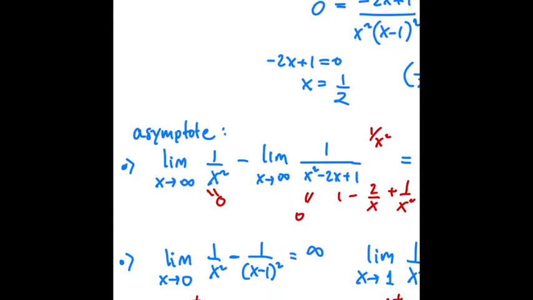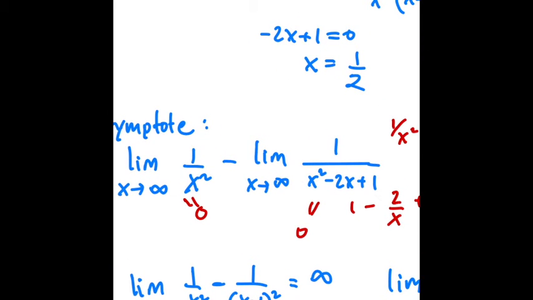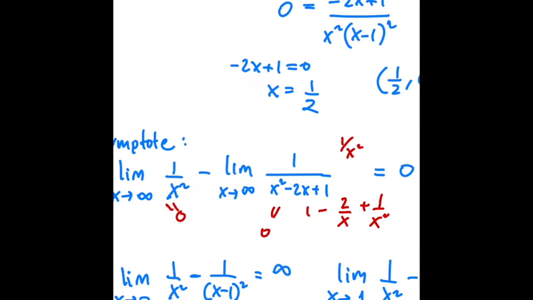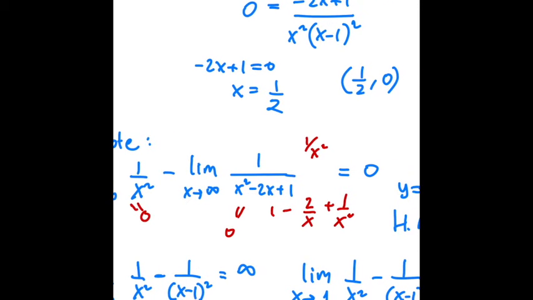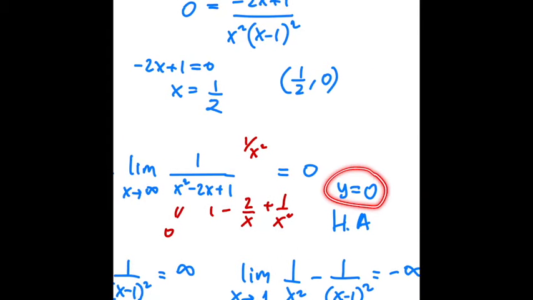And then check the asymptote. First, checking as x approaches infinity, this part will be 0, and checking this part by dividing with the highest degree of x, it is also 0. So y equals 0 is our horizontal asymptote.